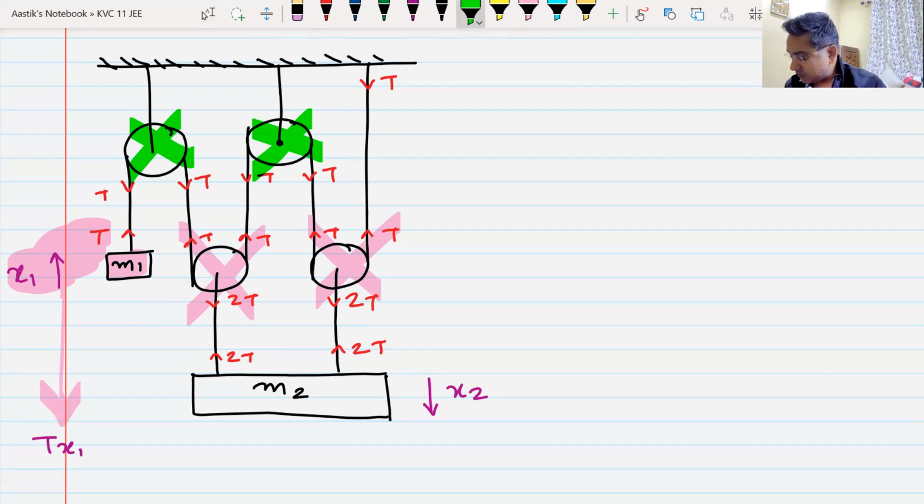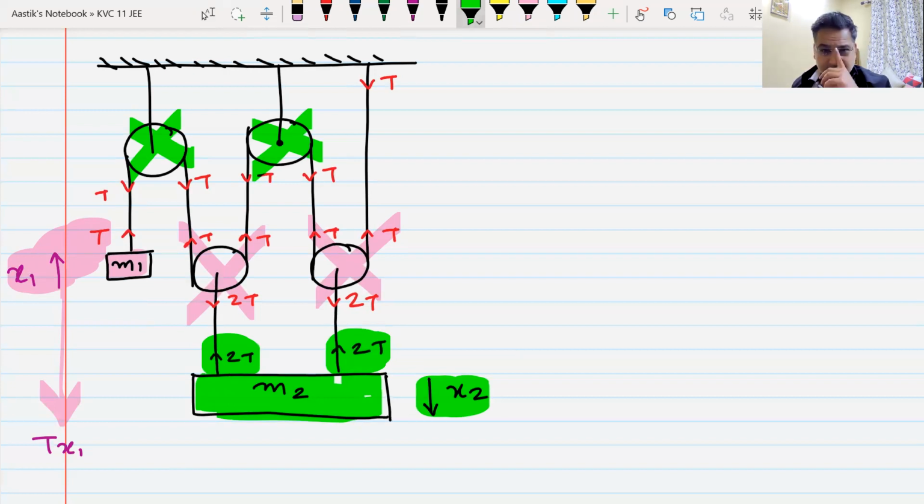Now, if I think about this green mass, this bigger mass, it is moving down, x2, and 2T is upwards. So if I talk about the total tension, it becomes 2 plus 2, 4T, and it is moving downwards. So angle becomes 180. So the work done by tension here becomes minus 4T into x2.